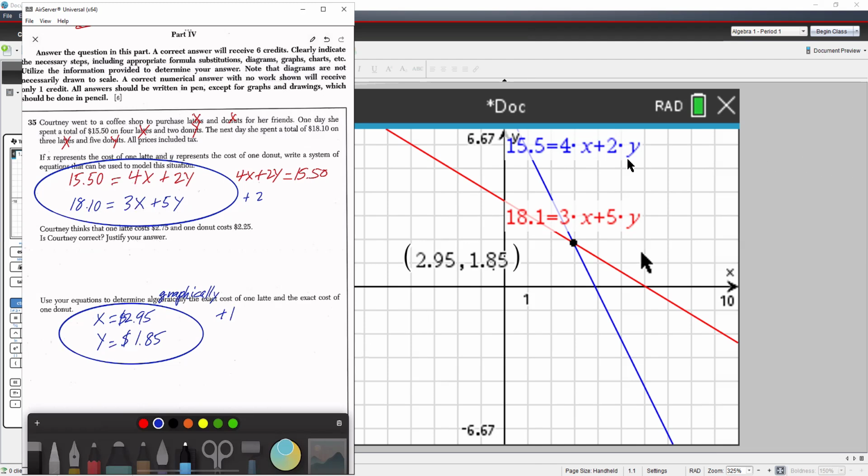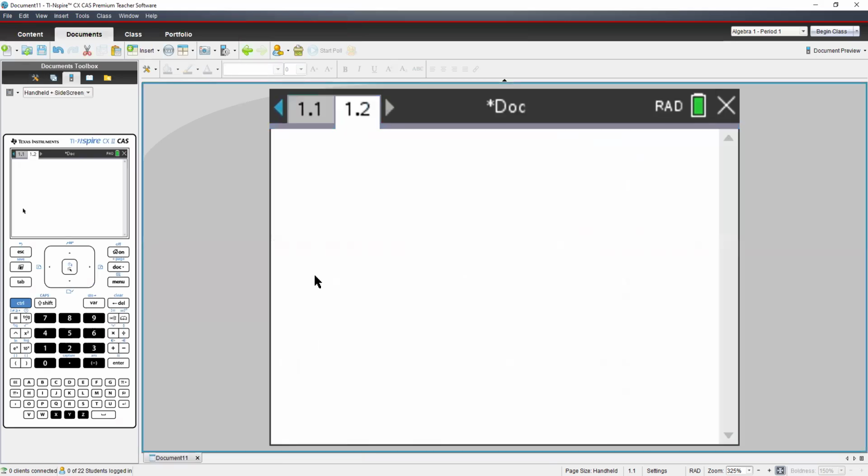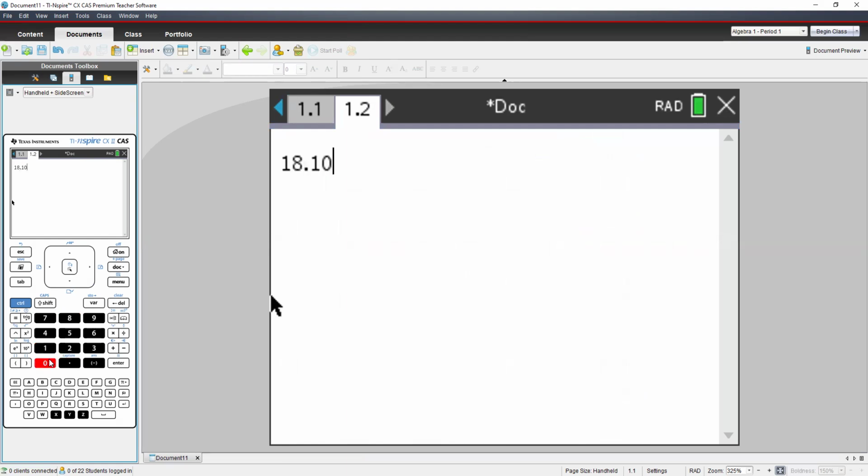So I'm going to take 2.75 and 2.25 and plug them in. Let's go here. I'm going to grab the calculator screen here. I'm using the second one, by the way. If you have two equations, use the second one because usually the second one is the one that's false.